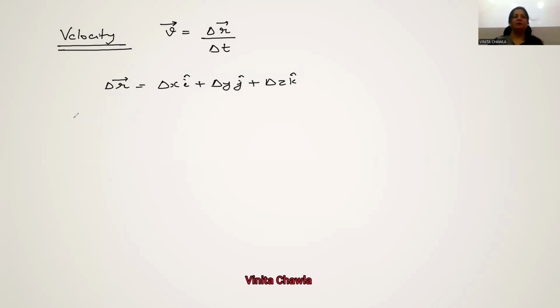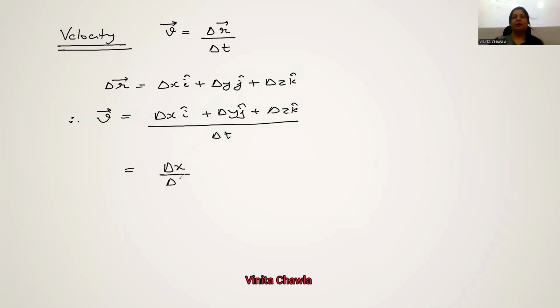So we can write velocity as delta x i cap plus delta y j cap plus delta z k cap divided by delta t. All this can be written as delta x by delta t i cap plus delta y by delta t j cap plus delta z by delta t k cap.